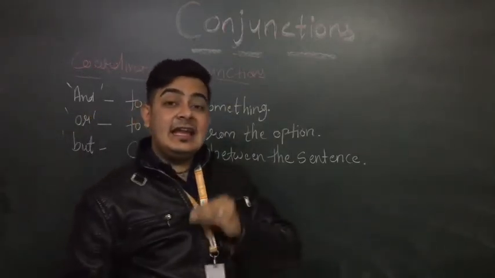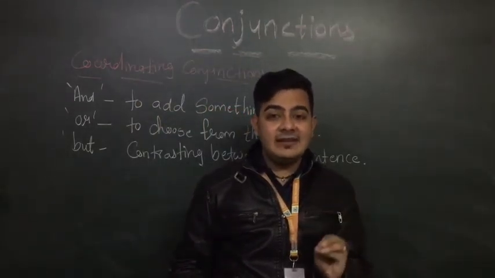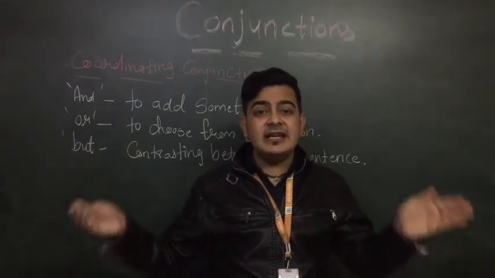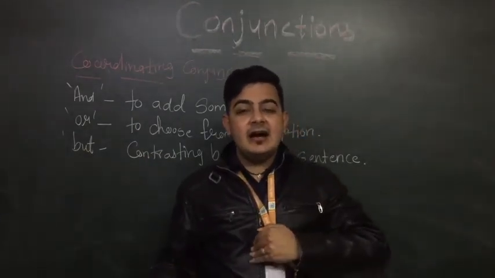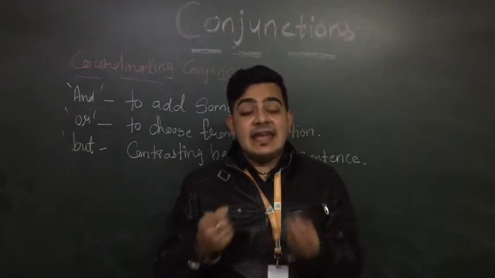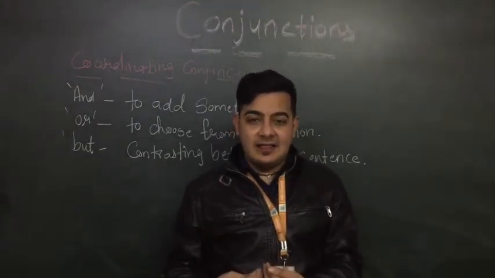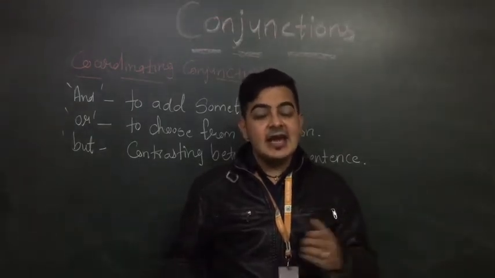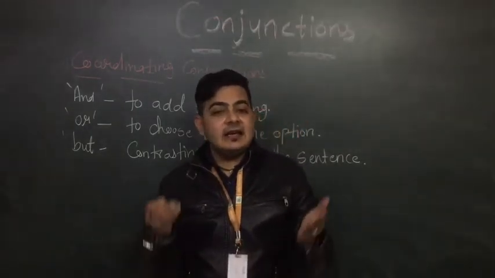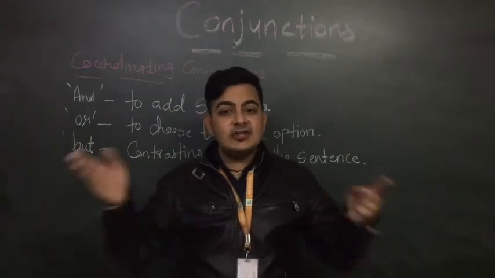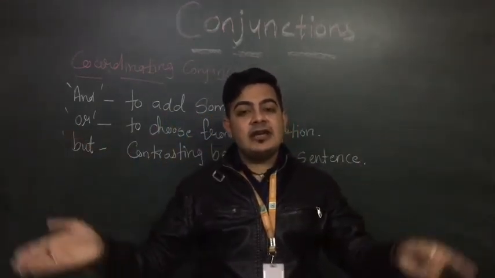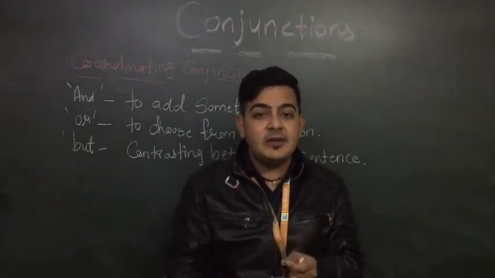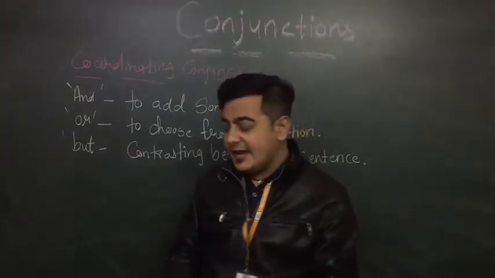Sentence में लेकिन वाला शब्द, that is but. दो सेंटेंस के बीच में डिफरेंस बताता है. मैंने आपको पढ़ाया लेकिन I was not well. I taught you but I was not well. ठीक है. मैंने आपको पढ़ाया बट मैं ठीक नहीं था. तो दो डिफरेंट सेंटेंसेस हैं, like we can say he is teaching us the contrasting between the two sentences. ठीक है.